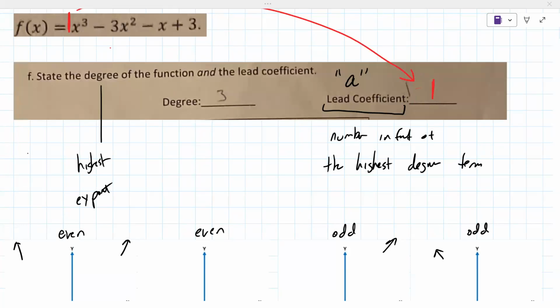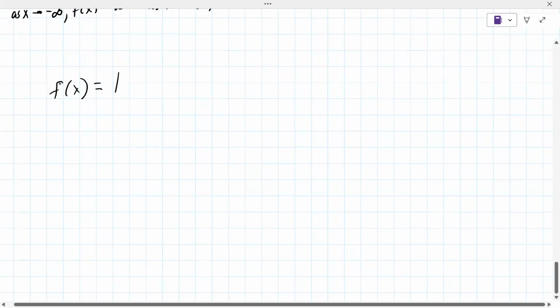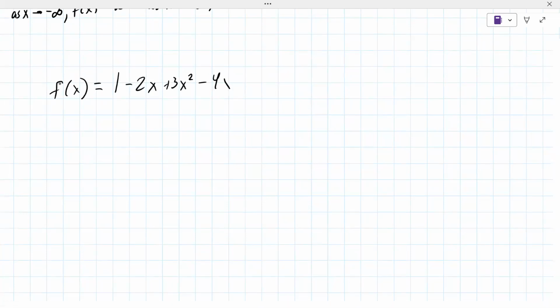Okay. So what the instructor could do here, and this is more of a worksheet type problem, is give you something like this. They could ask you for the degree and the leading coefficient. What would that be in this problem?